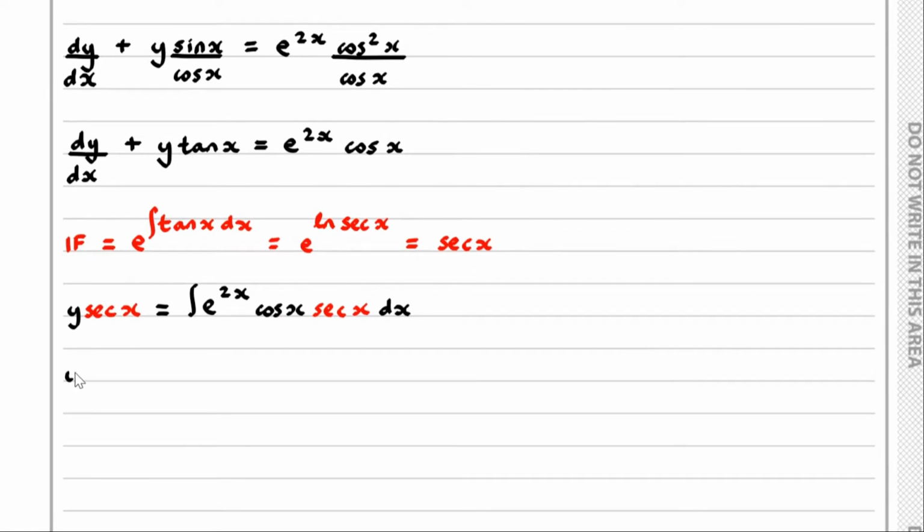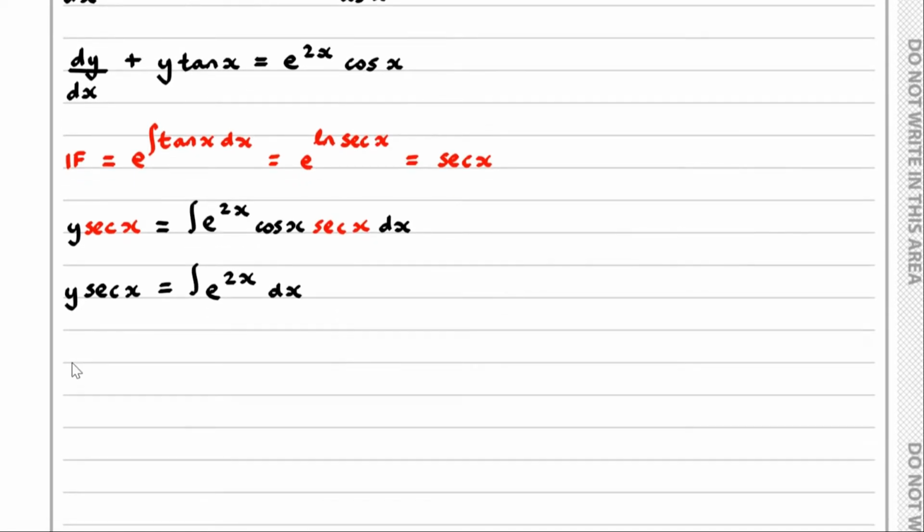So we have y times sec x equals the integral of, now cos x times sec x simplifies to 1, so we just have the integral of e^(2x) with respect to x. And so if we integrate, we have y times sec x, and integrating e^(2x), we end up with 1/2 e^(2x) plus some constant of integration, a.